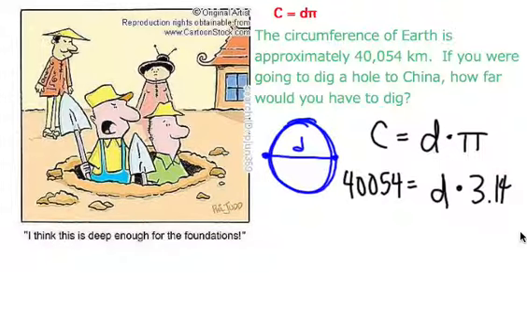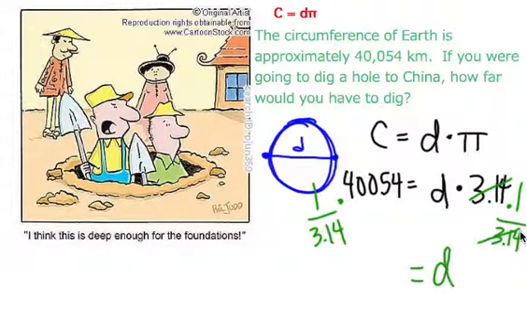So remember, if you have an equation where you only have one variable that you don't know, you can solve. If I do the reciprocal 3.14, that will cancel out over here. And then over here, all I'm going to have to do is end up dividing that circumference by pi. So 40,054 divided by 3.14.